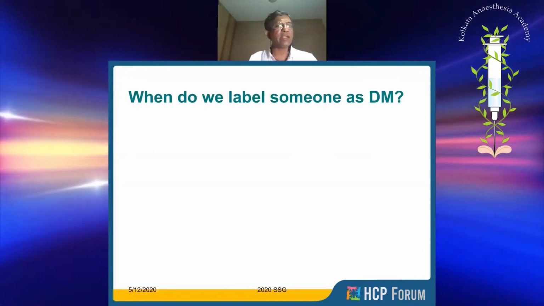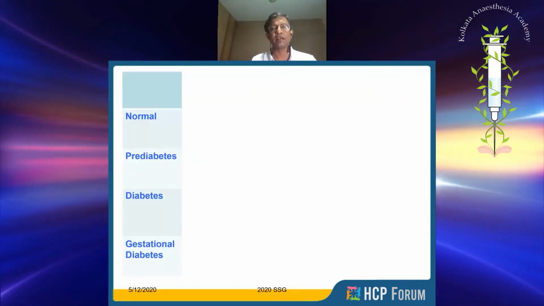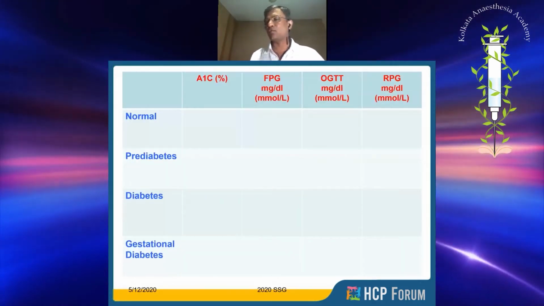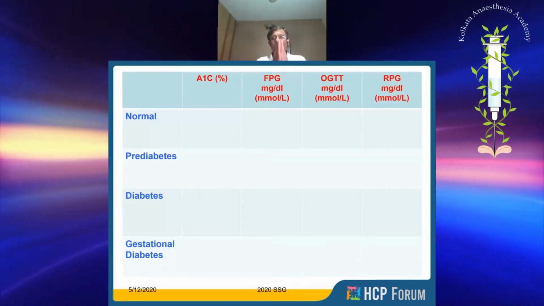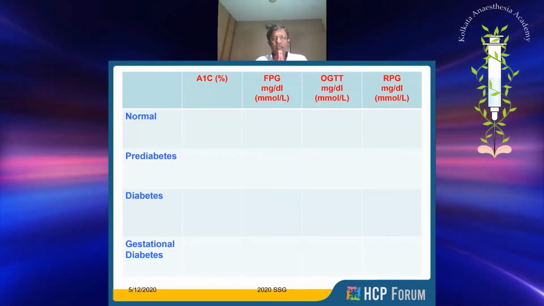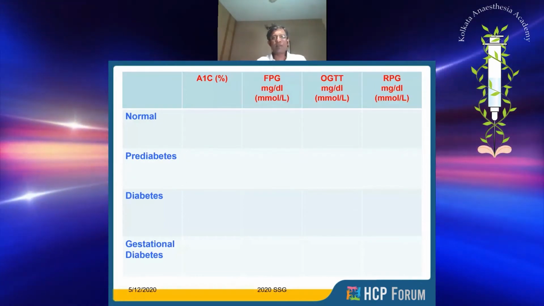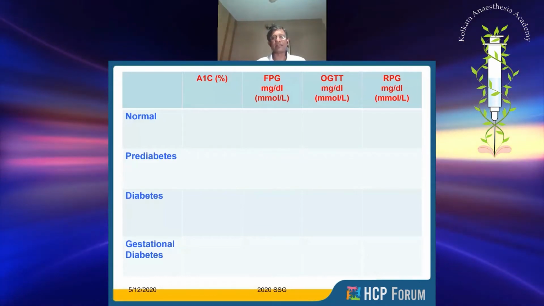So when do we label someone as having diabetes? Okay, Dilip, since you are the one, when do you call? I have given you essentially three columns or possibly even a fourth column, and there are certain rows. You have a normal person, you have a pre-diabetic, you have a diabetic, and you have somebody with gestation.